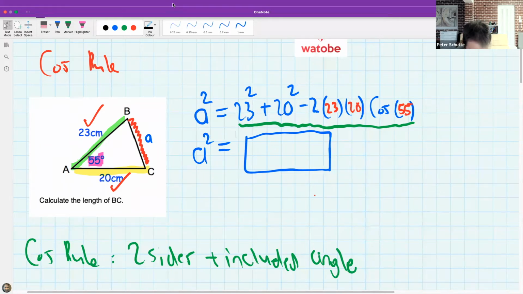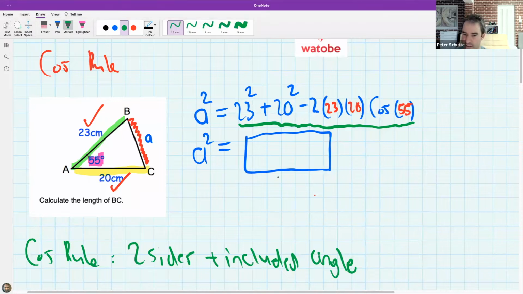So 23 squared plus 20 squared minus 2 times 23 times 20. Oh, times 20, that's what I did wrong. Times 20 times the cos of 55. And you should be getting 401.309 and so on.